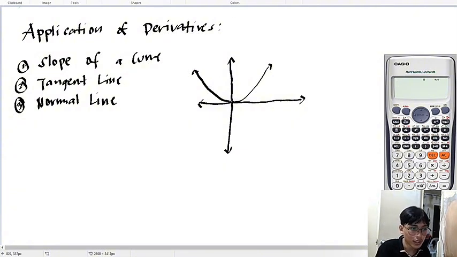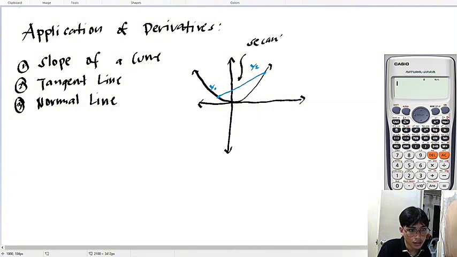Simply, the slope of our secant line: if we connect two distinct points, let's say a point here, x sub 1, and a point here, x sub 2, we create a line here. And this line is what you call a secant line.